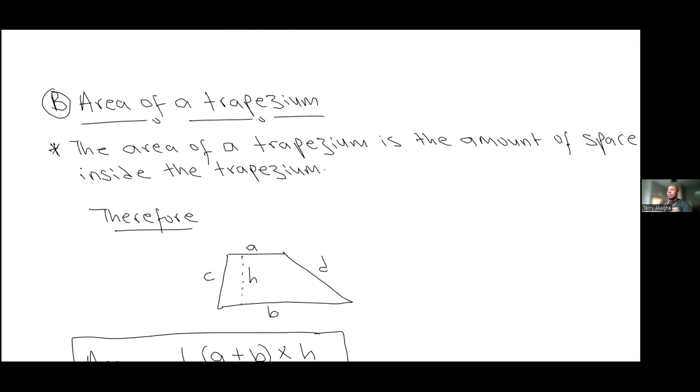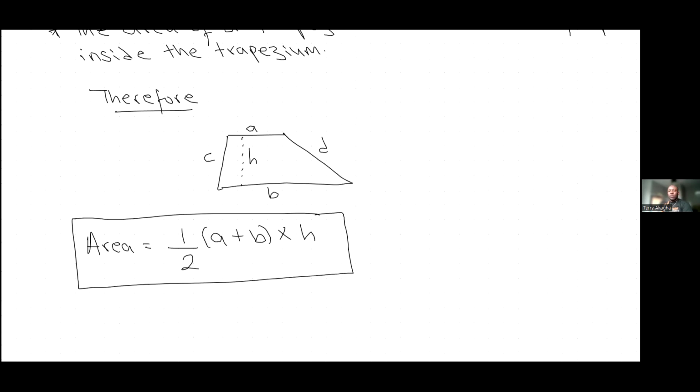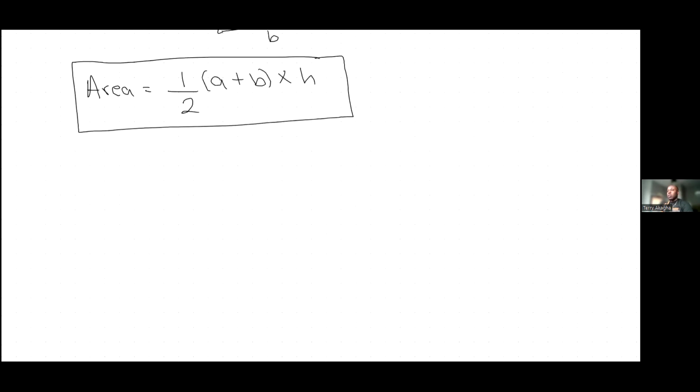So let's pick an example and let's apply this to it. So example, number 1, we're told to find the area of a trapezium below.